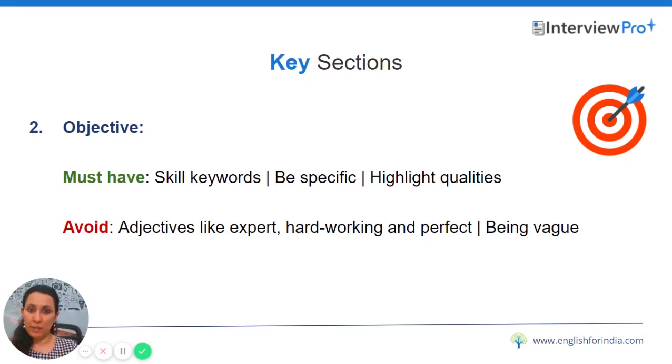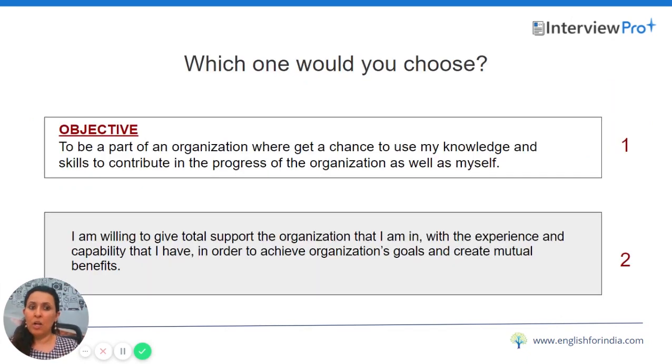Let's look at two examples of an objective. Objective number one, to be a part of an organization where I get a chance to use my knowledge and skills to contribute in the progress of the organization as well as myself.